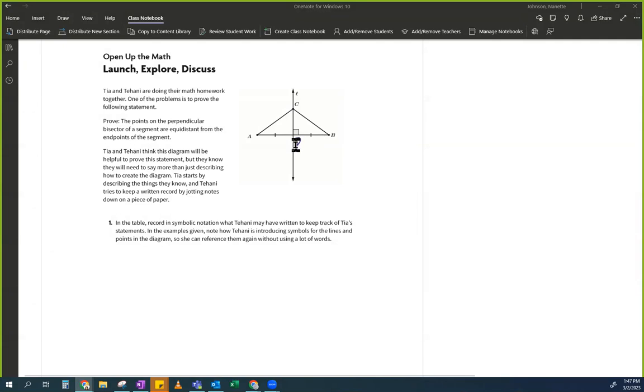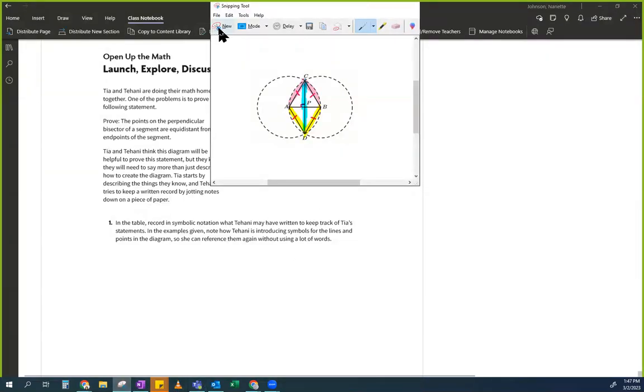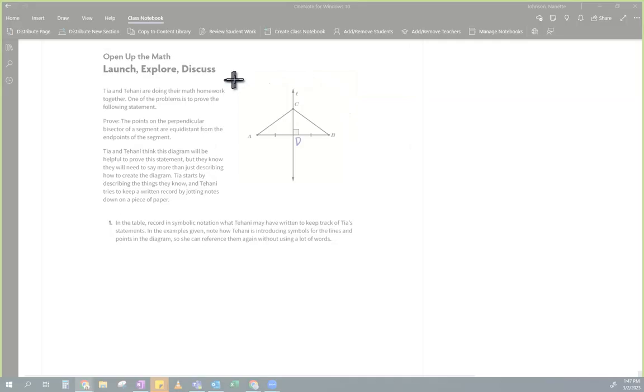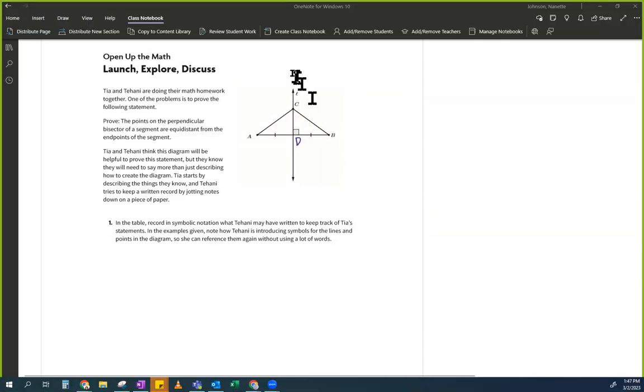But before we do that, we need to prove a couple more things. There's one more thing that is congruent that I see besides AD is congruent to DB. Does anybody see anything else that's congruent? I'm just going to snap a picture of this because I'm going to use it in a second. Yeah, it's a midpoint, but there's one more thing here.